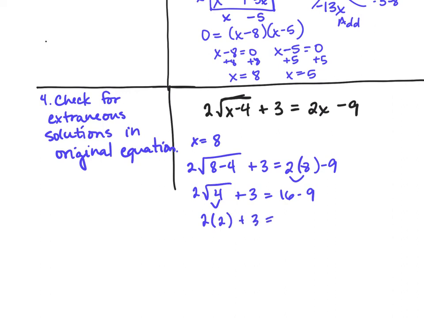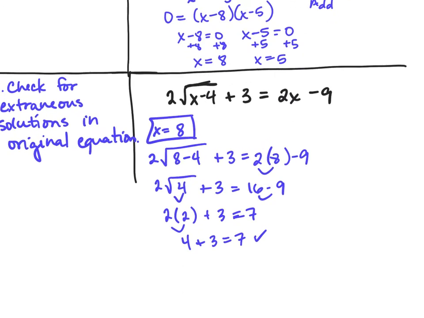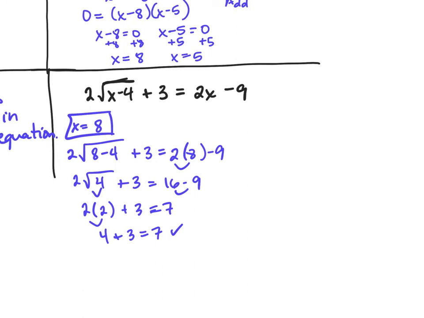Plus 3. 16 minus 9 is 7. 2 times 2 is 4. Drop down the plus 3. And 4 plus 3 is indeed 7. So we are good to go. 8 is one of our solid answers. Just pop this over and we'll check the 5.